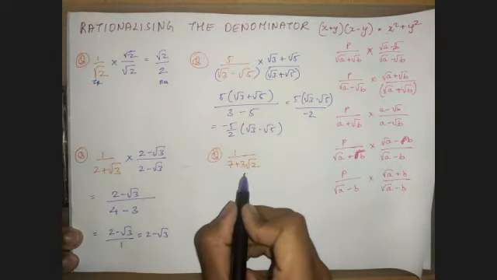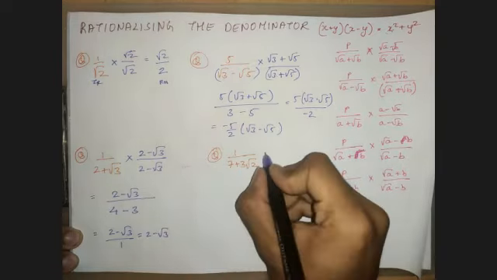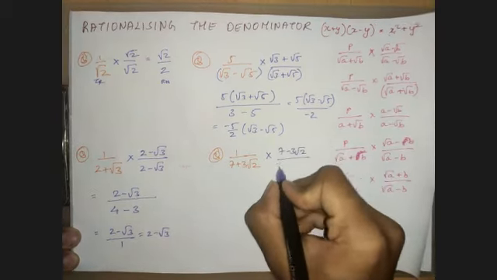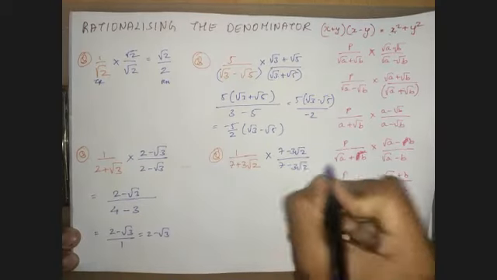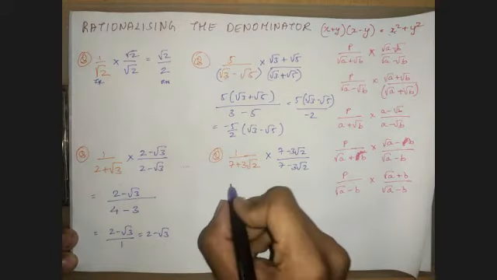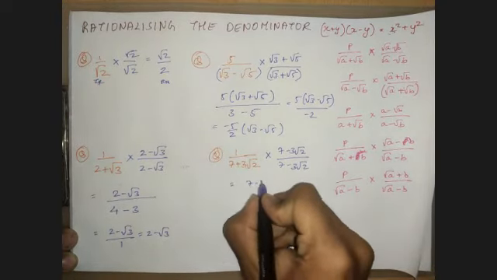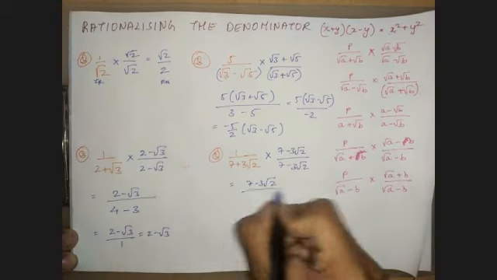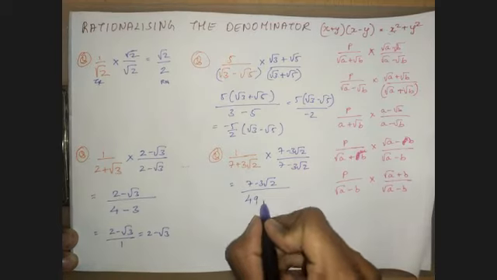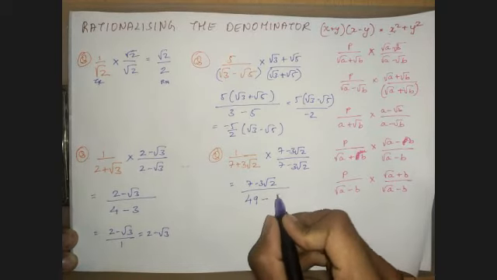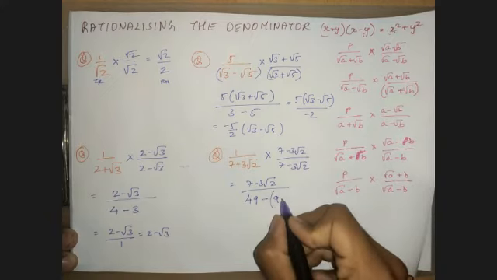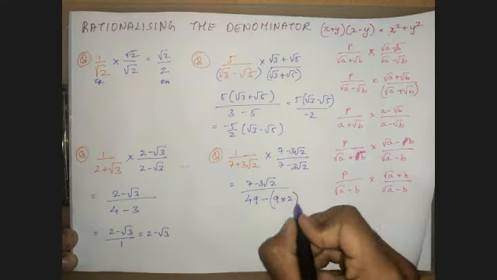Even if it is like this, I have to just change the sign and multiply. So it is 7 minus 3 root 2 divided by 7 minus 3 root 2 with the same number. We multiply and divide. So what happens in the numerator? It remains the same, that is 7 minus 3 root 2 divided by, here we use the same formula, 7 square is 49 minus 3 square is 9 into root 2 square is 2.